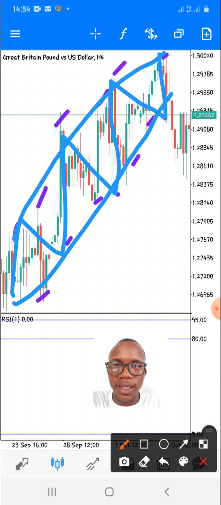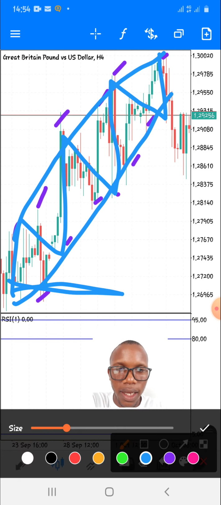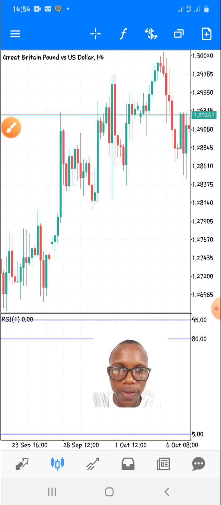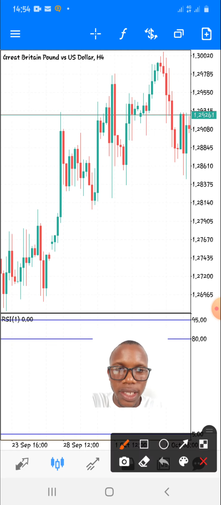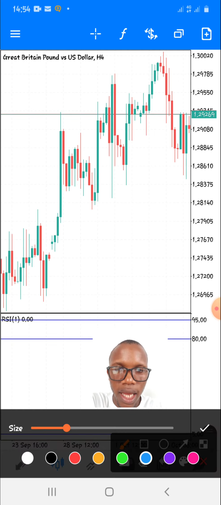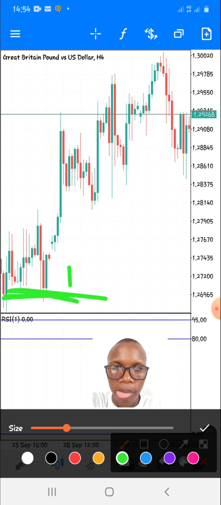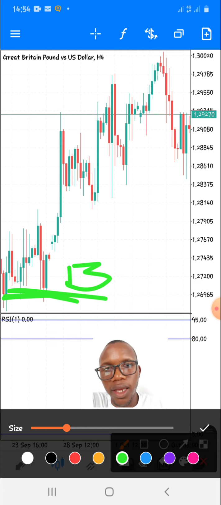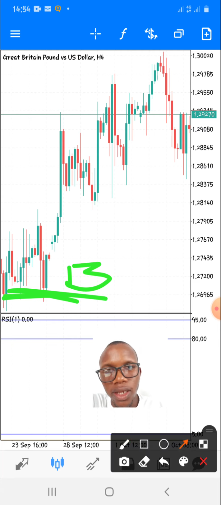For instance, somebody identified this, okay, let me remove everything. Let's say somebody did identify the price at this area, then you bought here. You'll be holding the position all the way up.